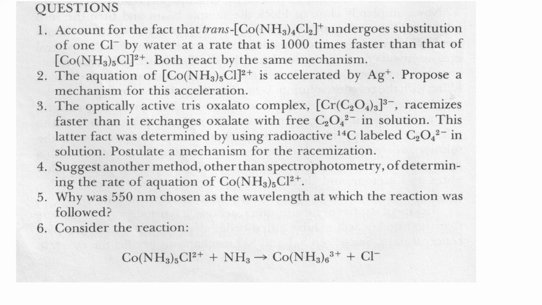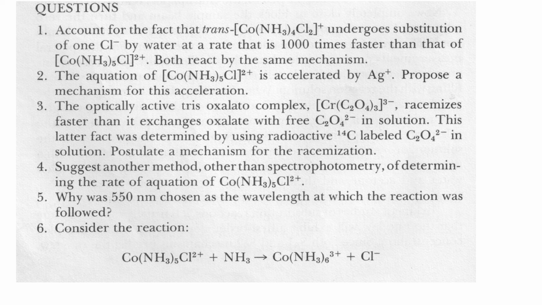It forms two enantiomers. Why does this complex racemize faster than it exchanges the oxalate in solution? This was determined by using carbon 14. How do we use the isotope carbon 14 on the C2O4 in this mechanism?